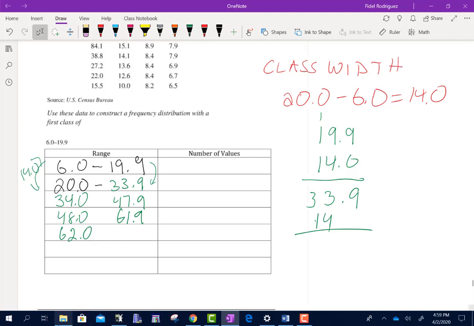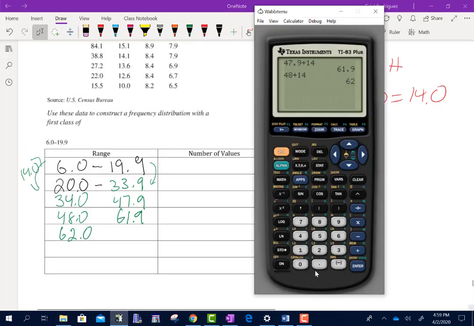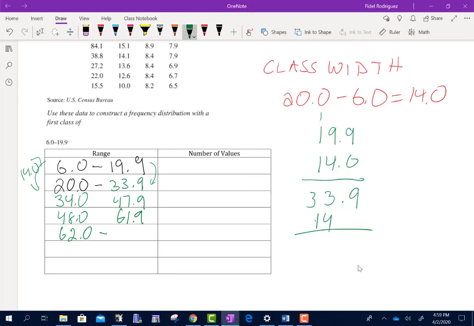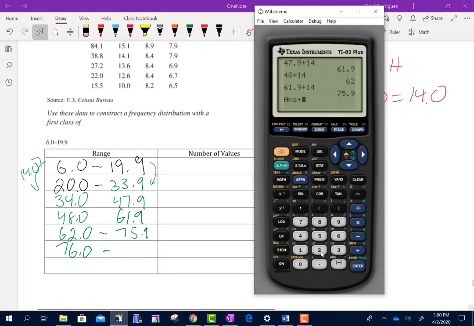And then let's take 61.9 and let's add another 14 to it, 75.9. So then this one here would have to be 76, right? Because that's going to be right after that. And then if I do that, let's see, one more time, 75.9 plus 14 is going to give me 89.9.